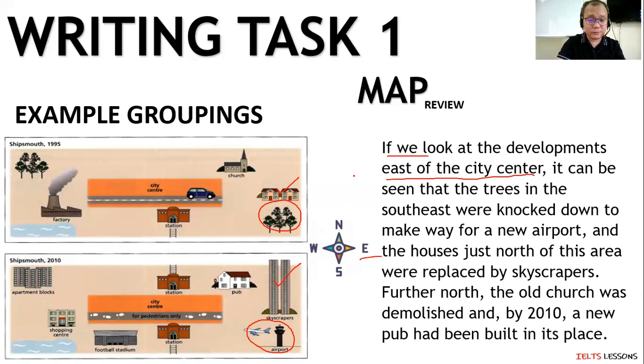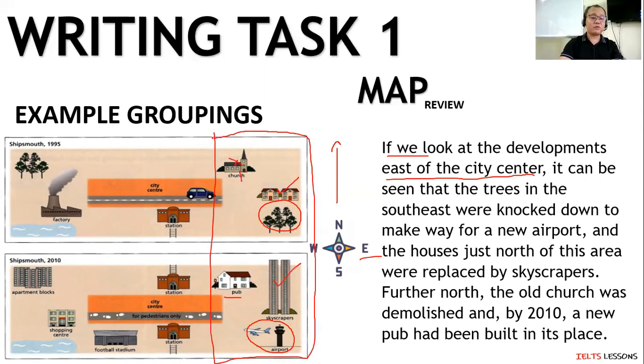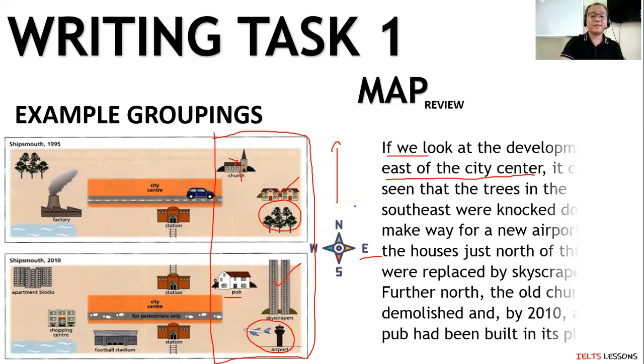Further north, the old church was demolished, and by 2010, a new pub had been built in its place. Oh my God, so they changed the church into a pub. So basically our first body paragraph simply talks about what changes and developments have happened before and after. So easy.